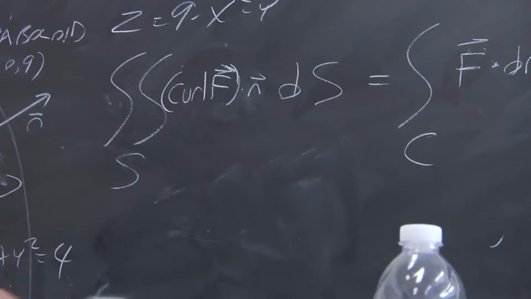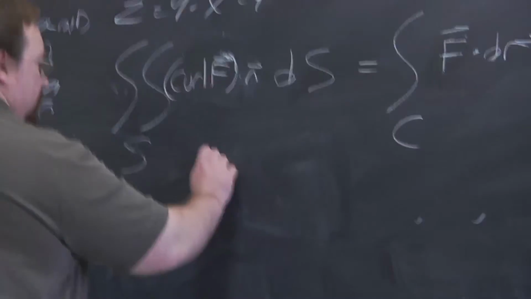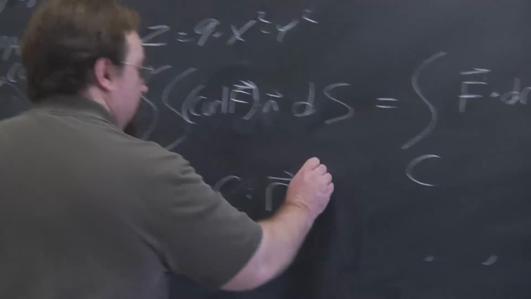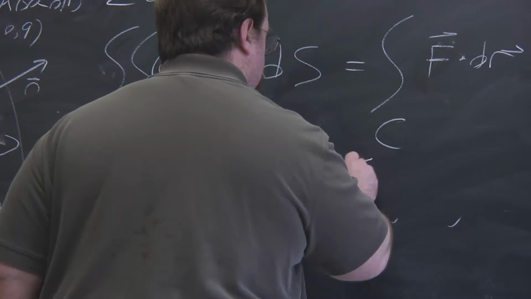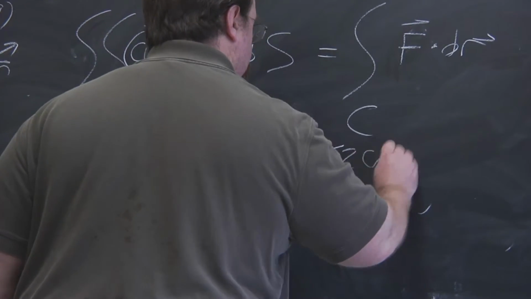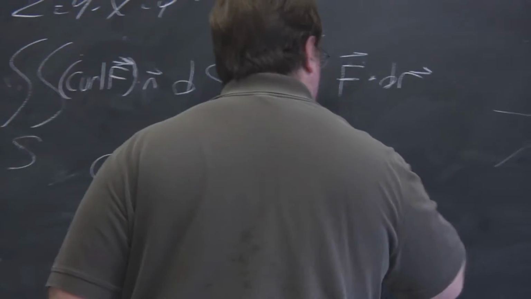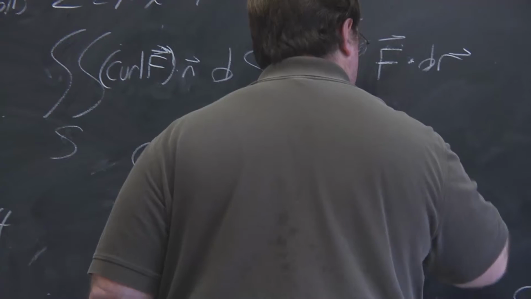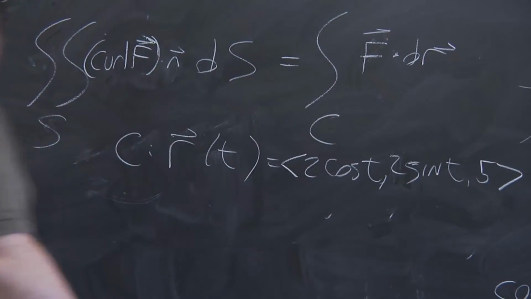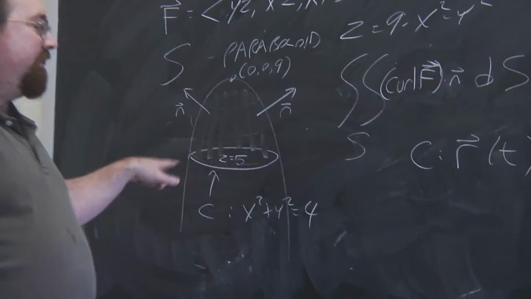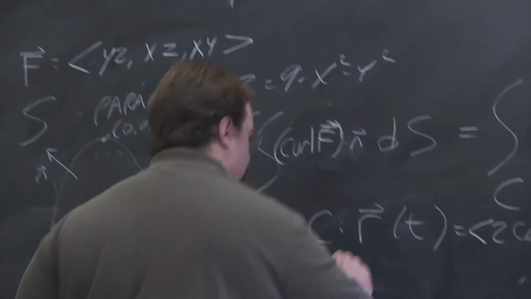All right. So the parameterization to use for a circle is r of t, which is 2 cosine t, 2 sine t for the y coordinate, and 5, because z is just a constant 5. So now you need a tangent vector.